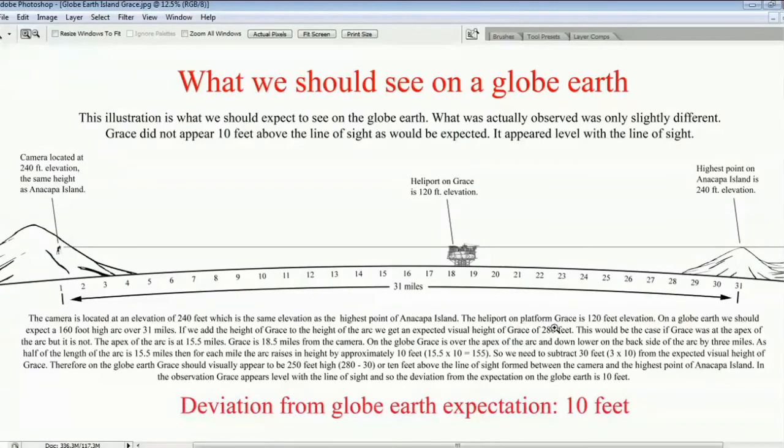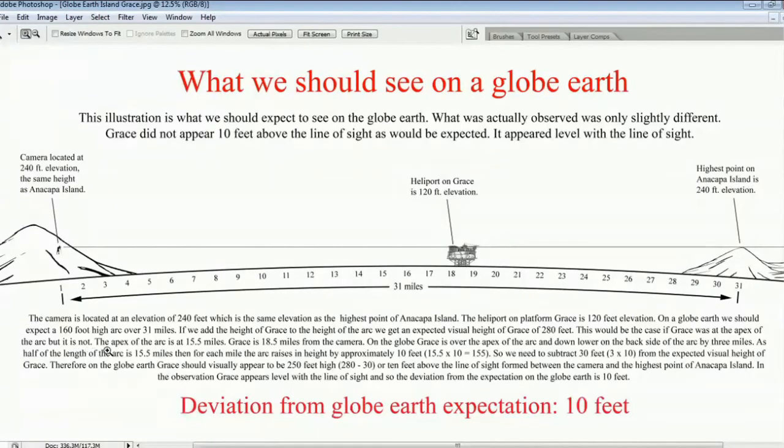The heliport on platform Grace is 120 feet in elevation. On a globe Earth, we should expect a 160-foot arc over 31 miles, like we saw on the calculator. If we add the height of Grace to the height of the arc, we get an expected visual height of Grace of 280 feet.